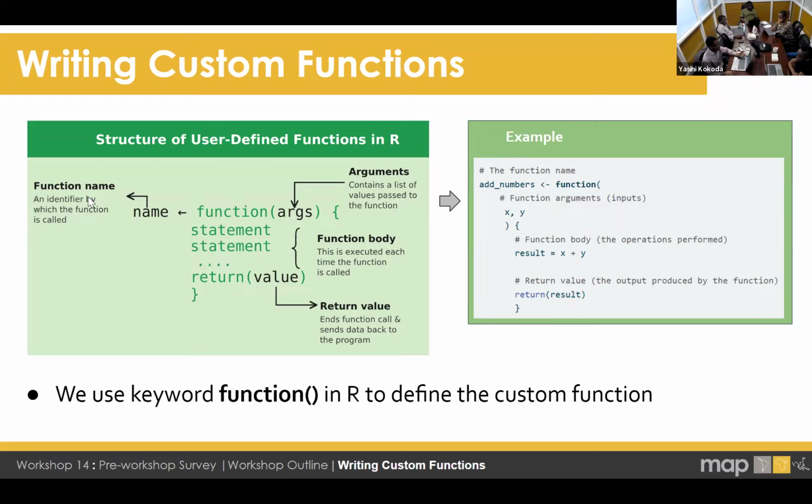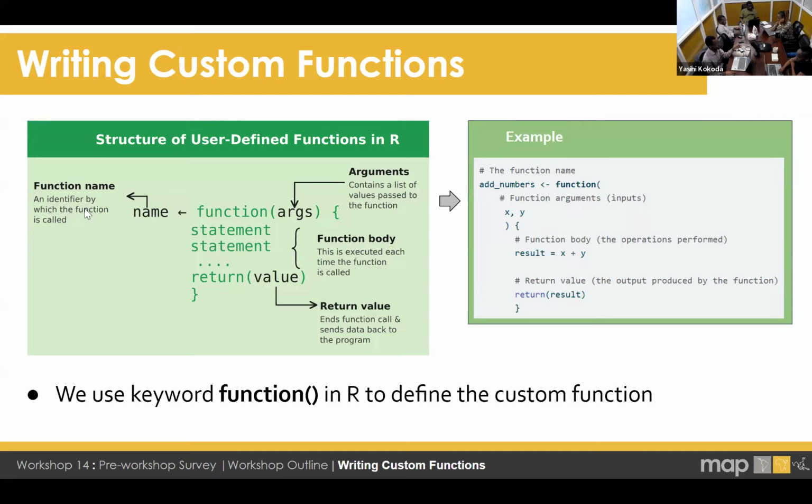The first one is the function name. You need to give the function a name, and the name is like an identifier of this function. It's like an ID. If you look at the R session, when you create the function, it goes to the R environment or global environment. So to identify that function, you need to give it a name.